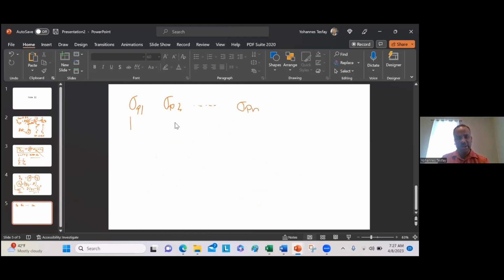Those sigmas are repeatability. If those sigmas are close to zero, then there is no issue of gauge variation.